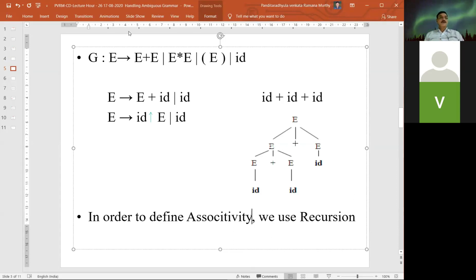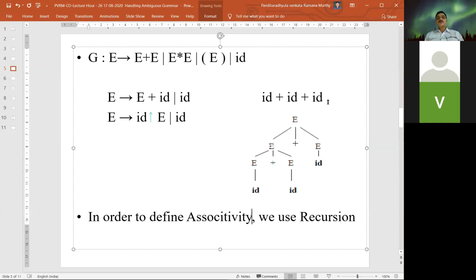In order to get the associativity, here we need left associativity only. What does it mean? We need to handle the leftmost plus sign first, and only then handle the rightmost plus sign. We always want to handle the leftmost symbol. The grammar has to expand towards the left only.